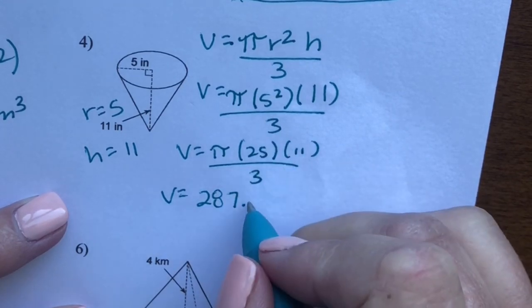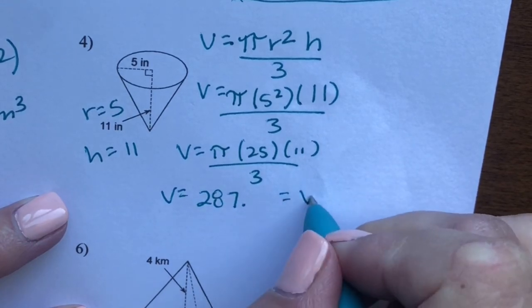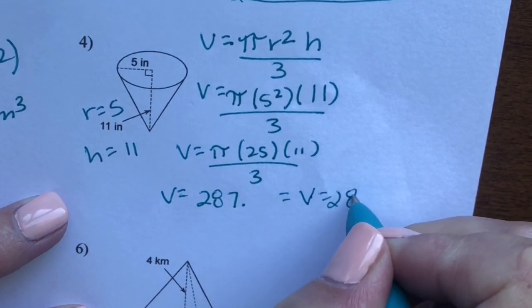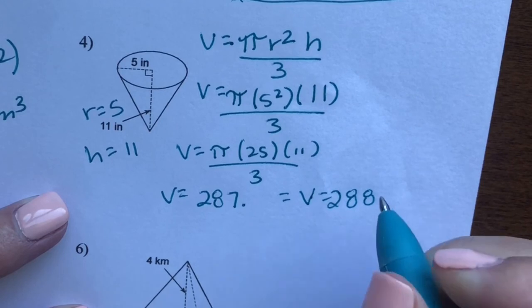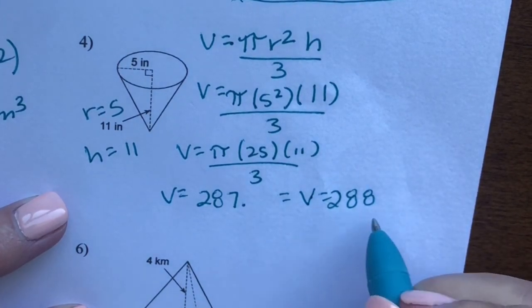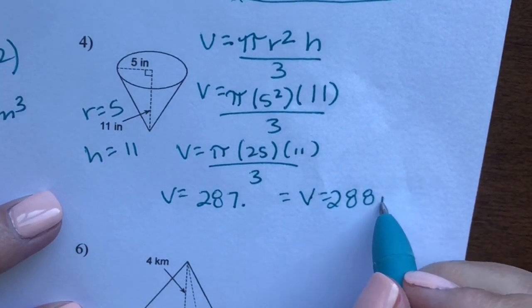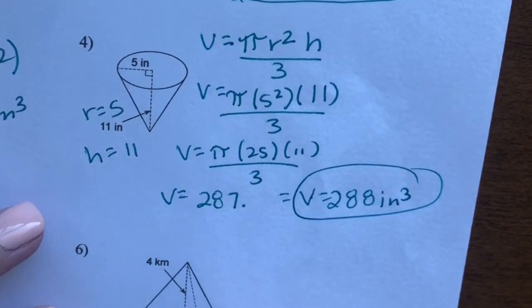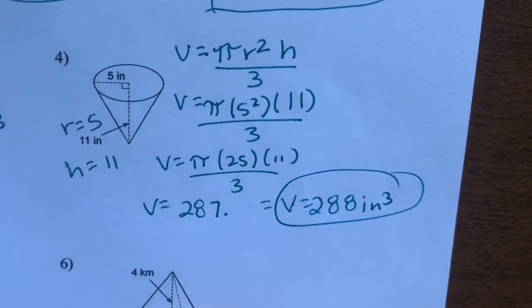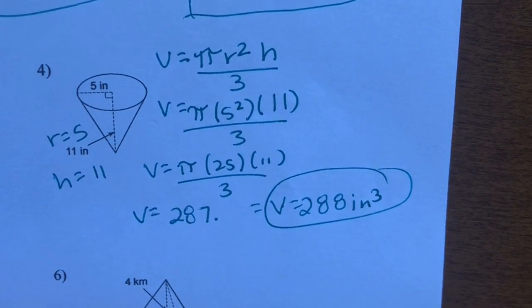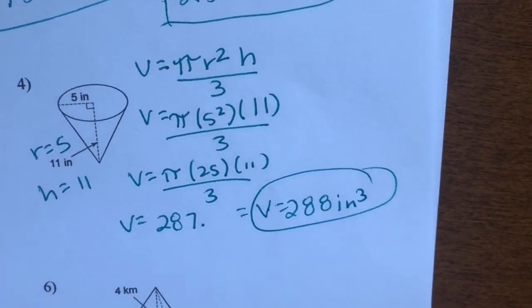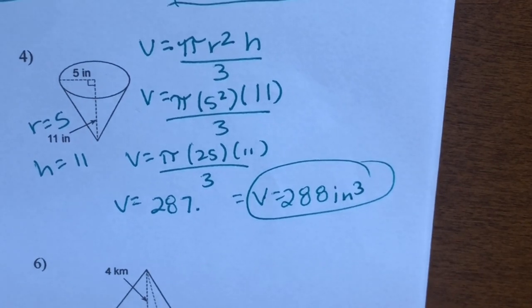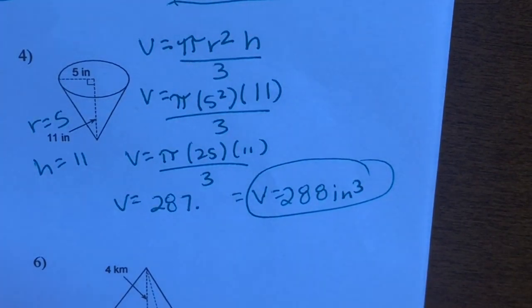So this would actually be 288, because we've got a 0.97, which we're going to round to the nearest tenth. This is inches cubed. Let's see what we got. For number 4, 288 inches cubed.